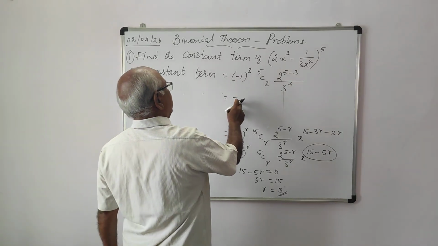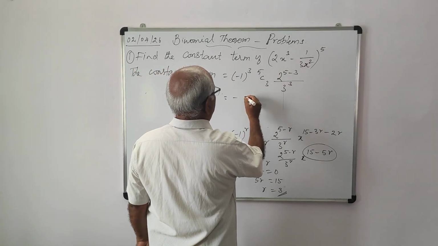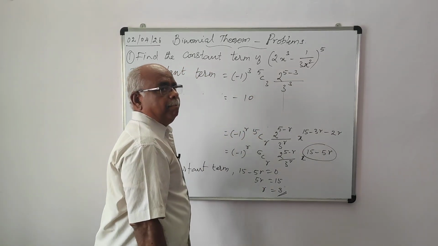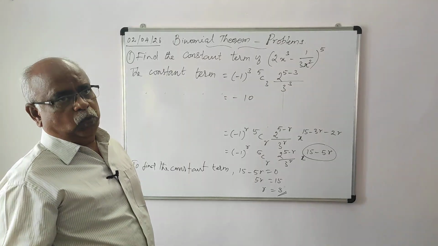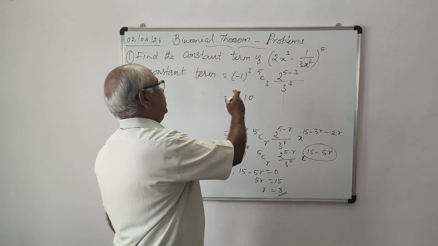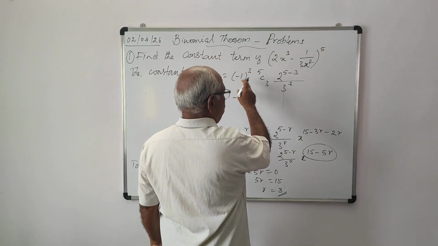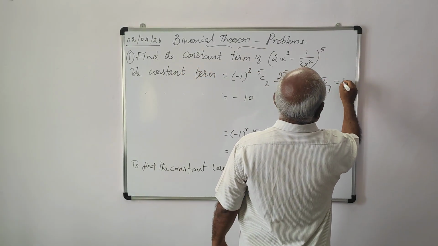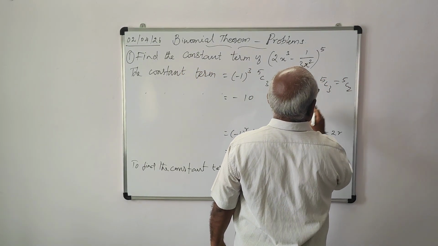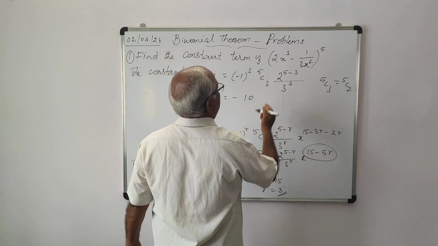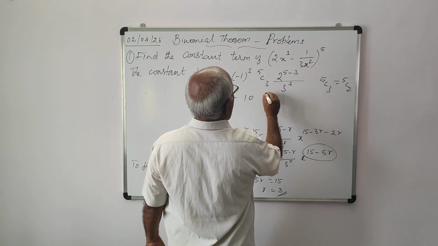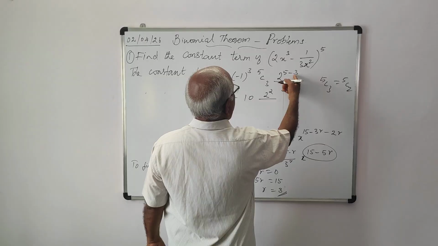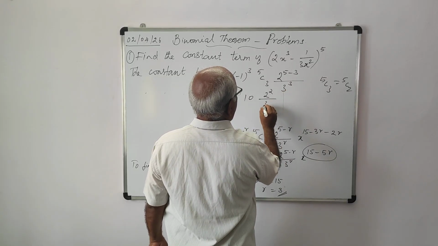Minus 1 power 3 is minus 1. 5C3 is nothing but 5C2, because 5C3 is equal to 5C (5 minus 3), that is 5C2, which is 10. 2 power 5 minus 3, 2 power 2, by 3 power 3.